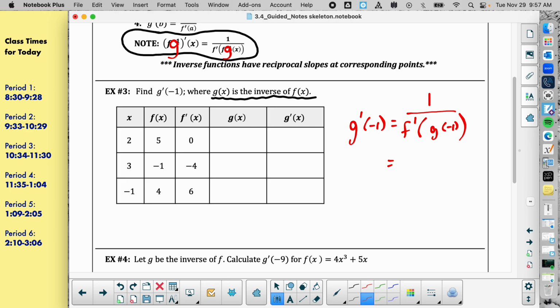How do we figure out G of -1? What does G stand for? G is the inverse points of F. So if I want to find G of -1, I need to find where F is equal to -1.